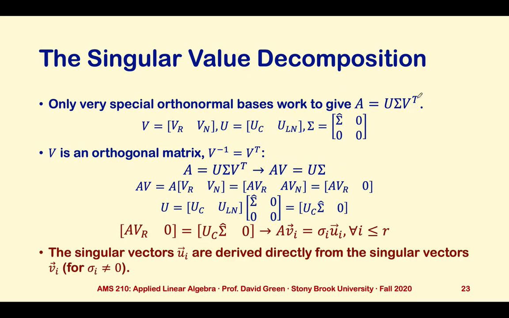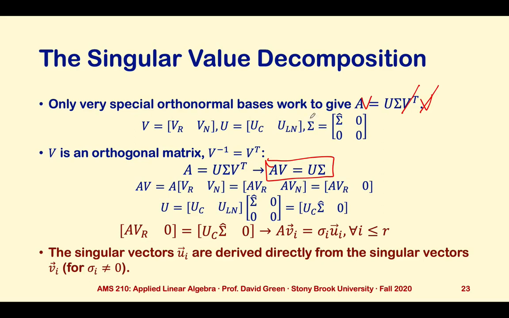What this means is that we can multiply both sides of this equation by the matrix V. And when we do that, the V transpose V creates the identity matrix that disappears, which allows us to write the expression equivalently in this form: A times V equals U times sigma.